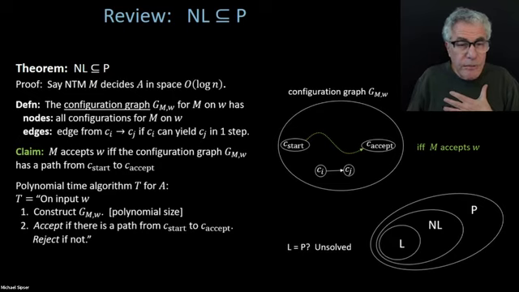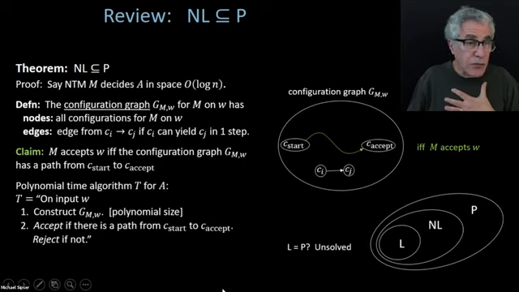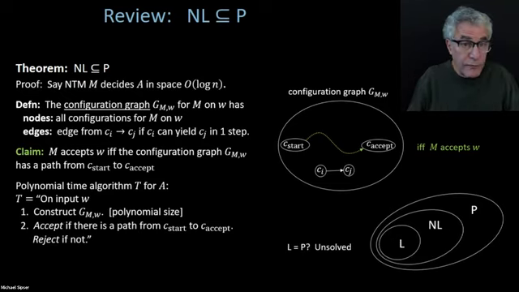Okay, so question here, we can see that listing out the nodes and edges would be polynomial time. But how do we actually provide structure to this graph representation? I don't even know what that means. So if you can clarify that for me, then maybe I can try to answer it. But a graph is just a list of nodes and a list of edges.